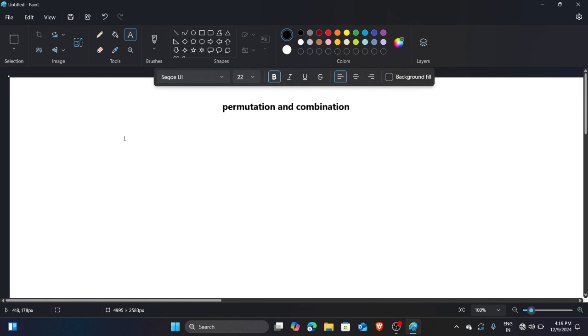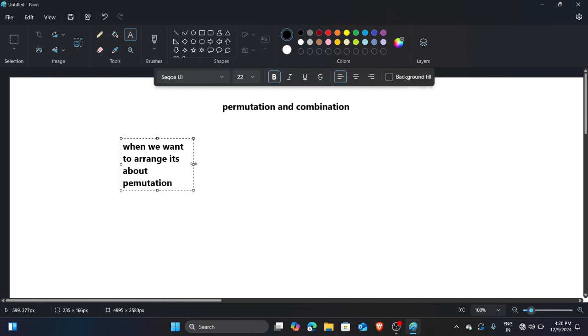So what is permutation? Permutation is when we want to arrange, we use permutation. When we want to arrange, it's always about permutation.